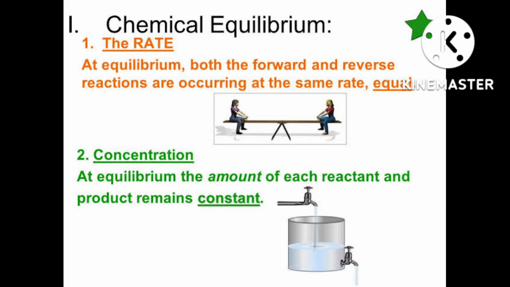The reaction may be fast or slow depending on the experimental condition and the nature of the reactant. What type of reactants are there, whether it is solid or liquid or gas.